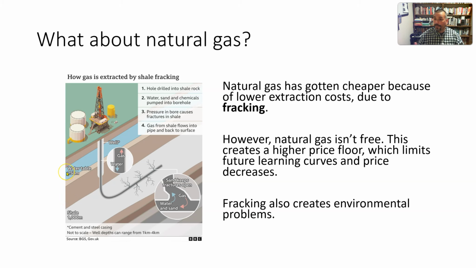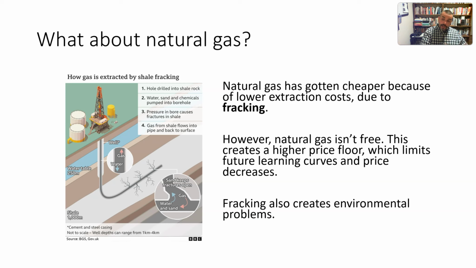And that gave companies that wanted to get natural gas out of the ground more opportunities to try to make fracking more efficient. In other words, they were increasing demand, and each time they built a new drilling facility to get natural gas out, there was an opportunity to make the cost even cheaper. So natural gas was able to follow the learning curve thanks to improvements in fracking technology, which made it cheaper to get natural gas out of the ground.